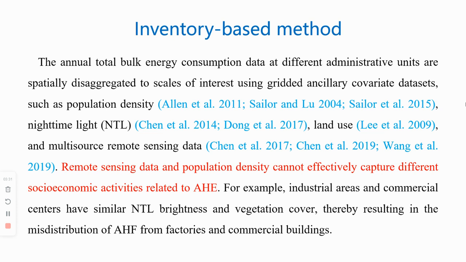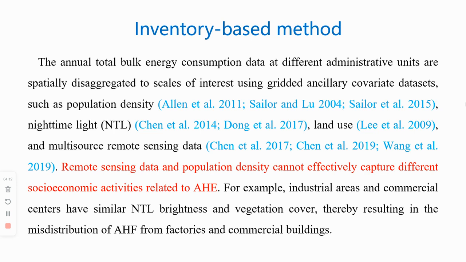In past studies, most studies use gridded population density data or nighttime light data or land use data to spatially distribute the heat data from different administrative units to rasters. But nighttime light data and the population data cannot effectively capture different socioeconomic activities related to different sources of heat emission in urban areas.